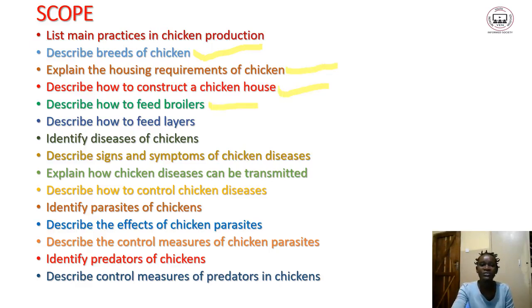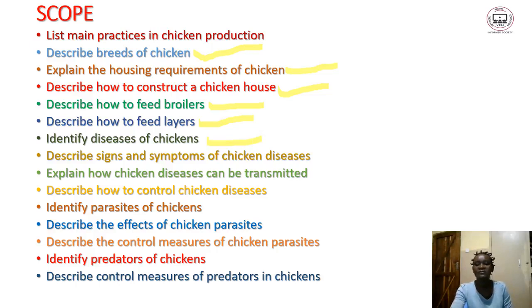Then we're also going to describe how to construct a chicken house. We are also going to describe how to feed broilers, how to feed layers. Then this chicken can be attacked by pests as parasites, diseases, and they can also be eaten by predators. So we're going to identify diseases, we're going to identify pests, both internal and external pests.